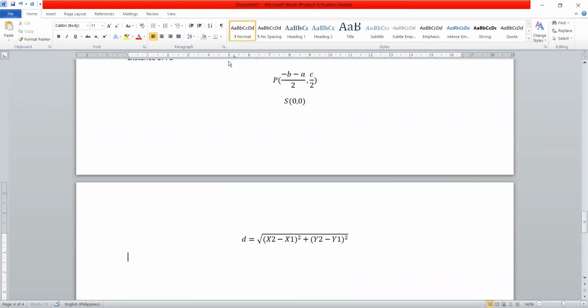So again, let's say point P is your point 1, S is your point 2. You just have to substitute it here. So should be PS, and x2 is 0, x1 is negative b minus a over 2. So let's just substitute it here.